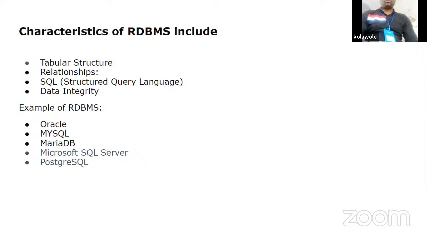Then relationship. It means that you can have two or more tables in a database. For instance, if you go to a supermarket, in their database they have data about the customers and data about their products. That's the customer table, the user table.